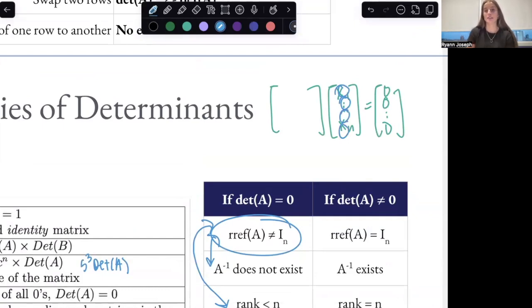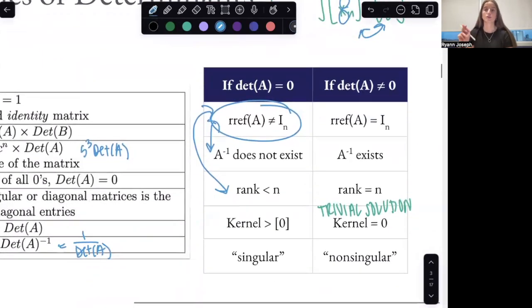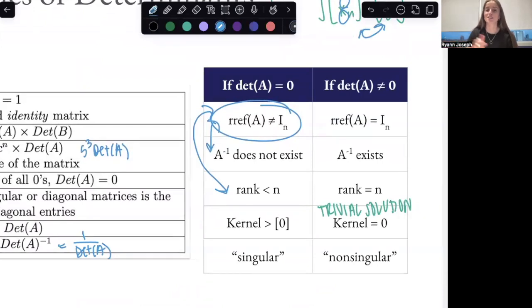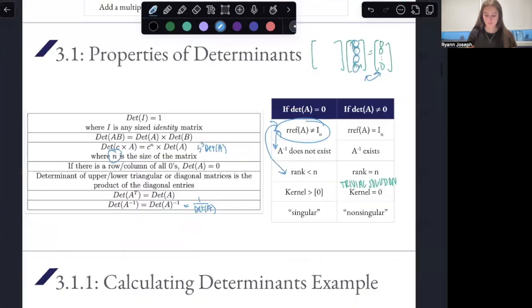If I just plugged in 0 for everything, it's going to be equal to 0. That's just inherently true. So that's what we consider the trivial solution, because it's not contributing anything to our understanding of the system. So if the determinant is not equal to 0, that tells us that we only have the trivial solution, the cop out where if you set everything equal to 0, it's going to be true. And that's considered non-singular matrices.